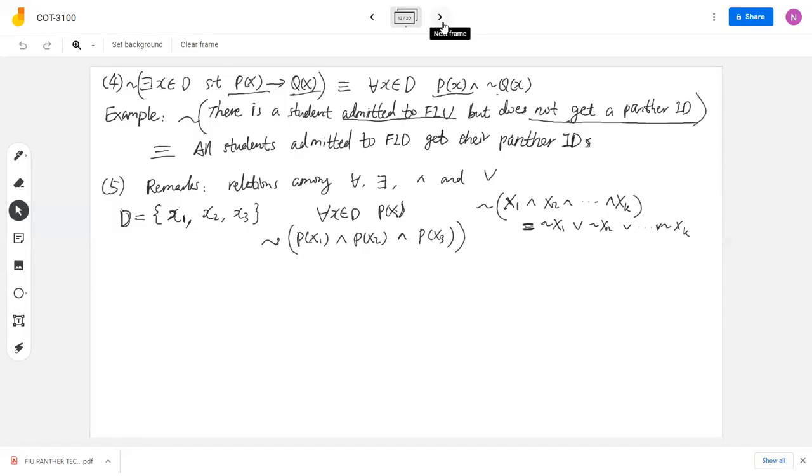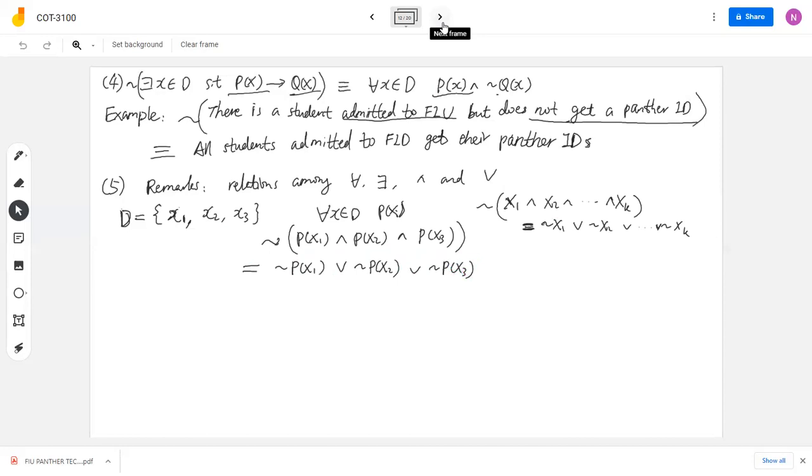If you trust me, De Morgan's law tells us this is not Px1, or not Px2, or not Px3. What does this mean?